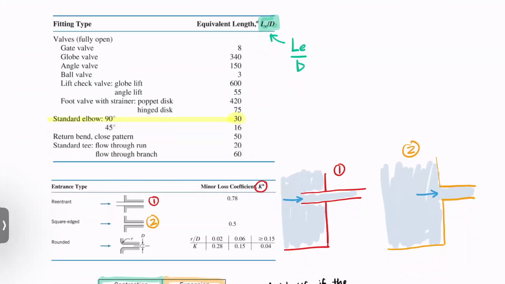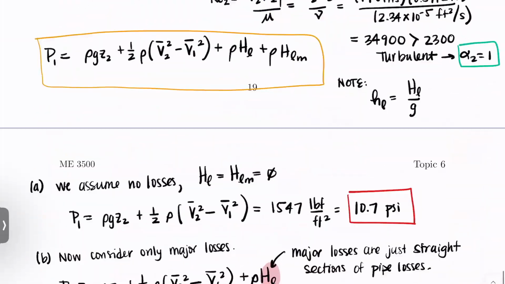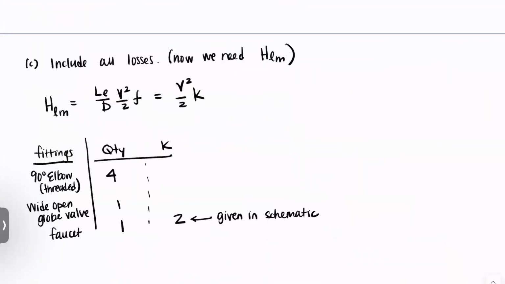And then our globe valve fully opened is 340. So 340 and 30. So this is LE over D, and this is LE over D.